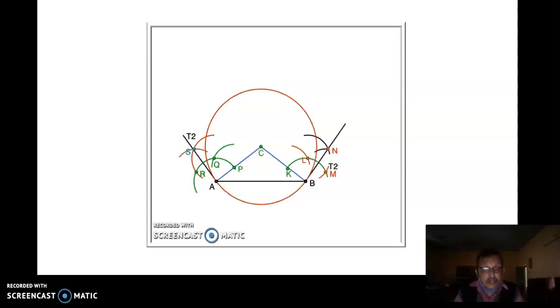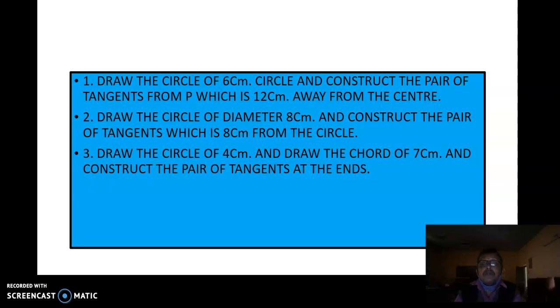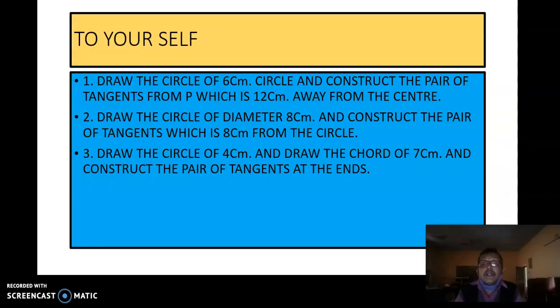So I think you are clear. Now problems for yourself. First, draw the circle of 6 centimeter radius and construct the pair of tangents from P, which is 12 centimeter away from the center. Second, draw the circle of diameter 8 centimeter and construct the pair of tangents from a point 8 centimeter from the circle.